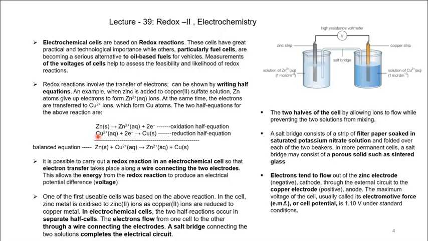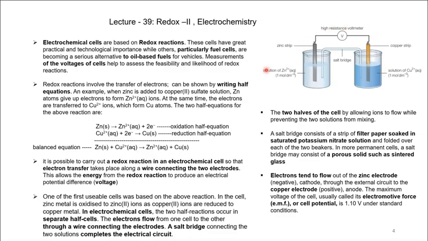And this copper 2 ion gains electrons, and this is a reduction half reaction. If we write this down and balance, the two electrons cancel out, and we have this reaction: zinc solid plus aqueous copper 2 ion, and the products are zinc 2 ion and copper solid. That's what we show here.